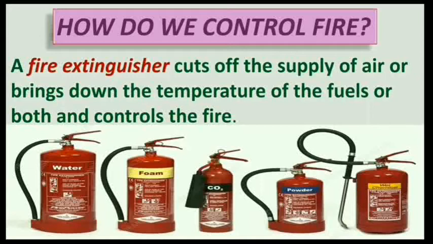The carbon dioxide layer covers the fire like a blanket due to which fresh air cannot reach the burning substances. In absence of the supply of oxygen, the fire stops. So in this way, a fire extinguisher helps to control fire.